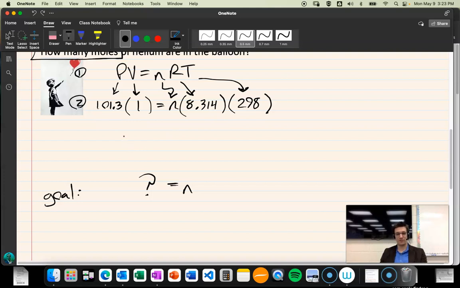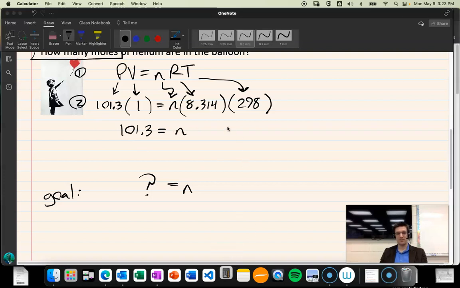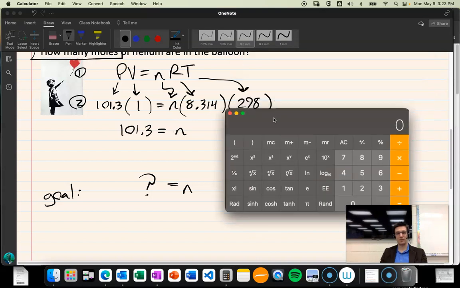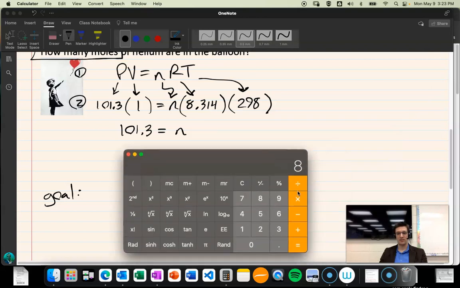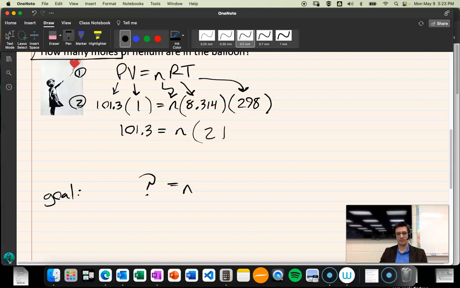101.3 times 1, that's just going to be 101.3. n stays the same, and then I'm going to grab my calculator, and I'm going to take 8.314 times 298. Sorry, hitting myself in the face here. 8.314 times 298 is 2477.572.